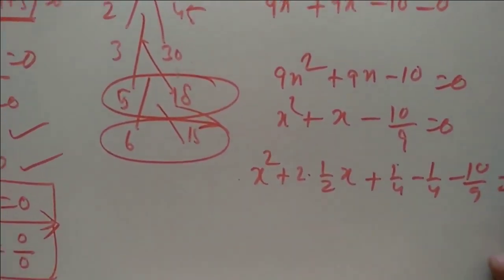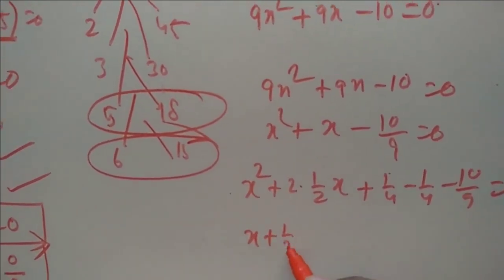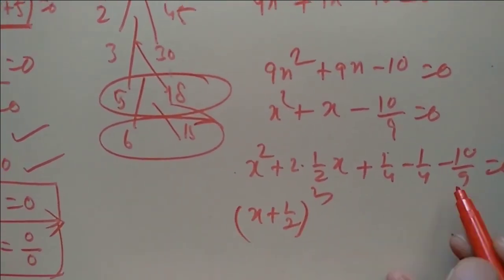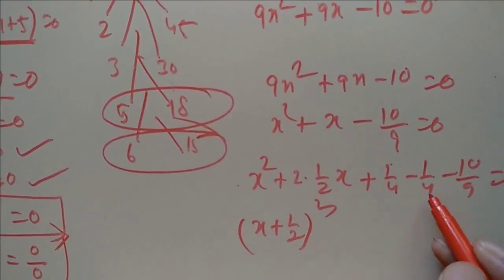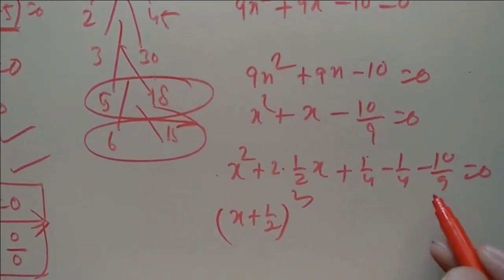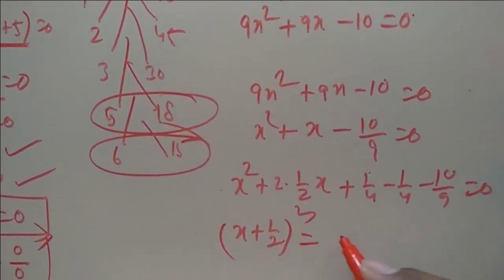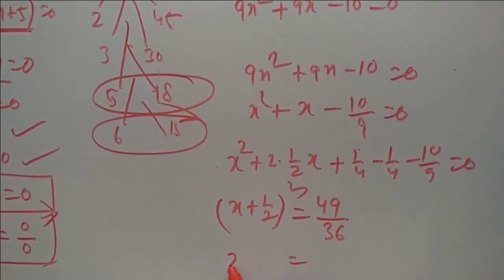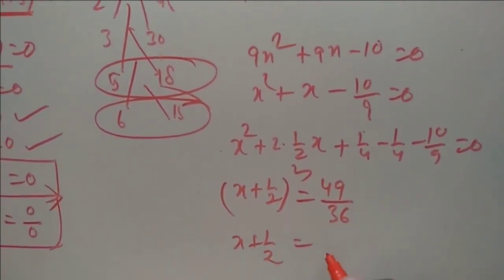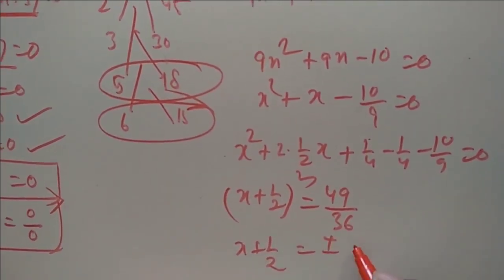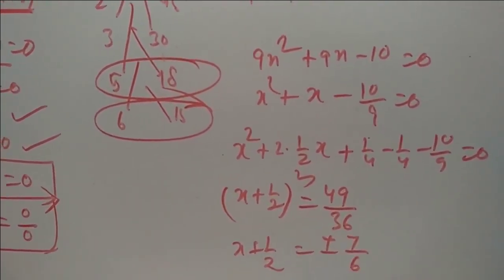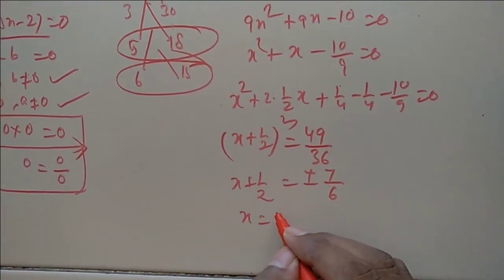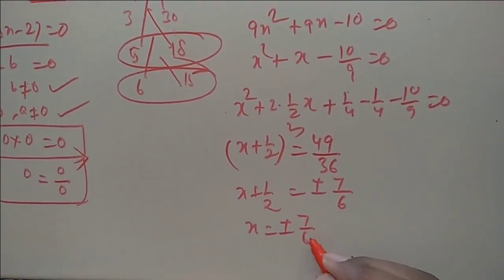Now again I'm trying to break this down, because people avoid this method since they find it better to use the formula. So I have divided both sides of this equation by 9, so it becomes x square plus x, and then I have written it in the 2ab form. So I get x plus half whole square, and then I'm getting this as 49 over 36. So x plus half will become plus minus 7 upon 6.